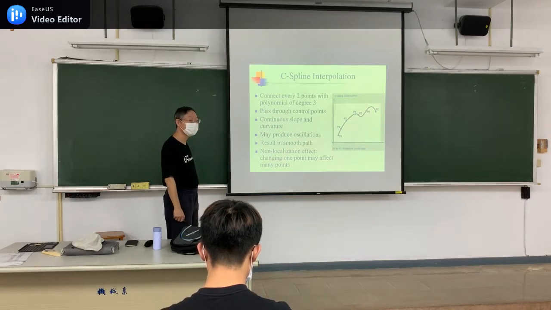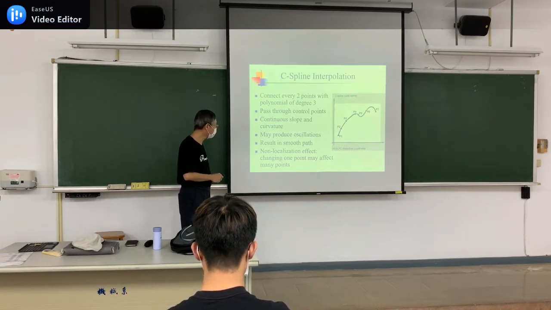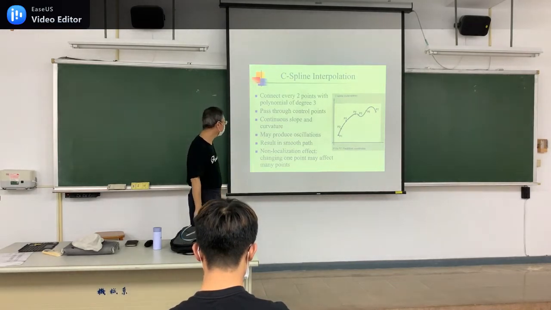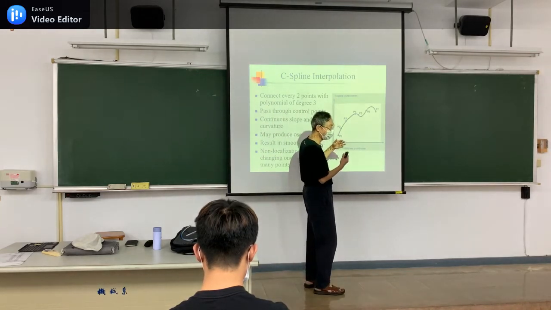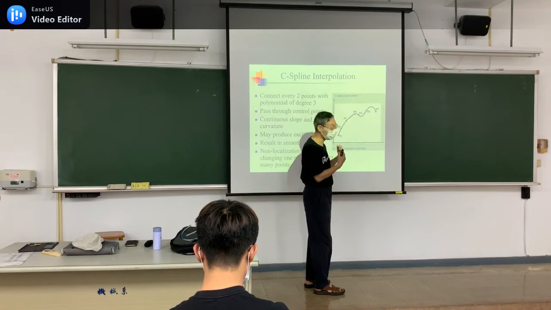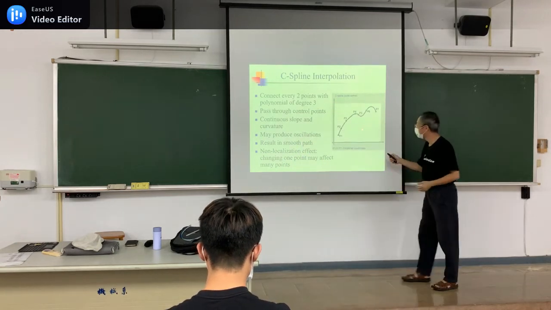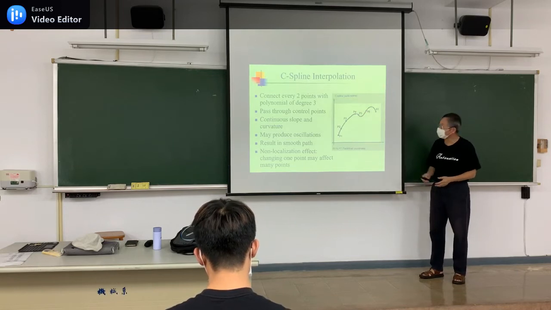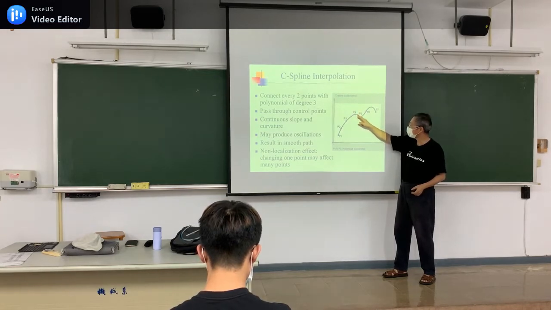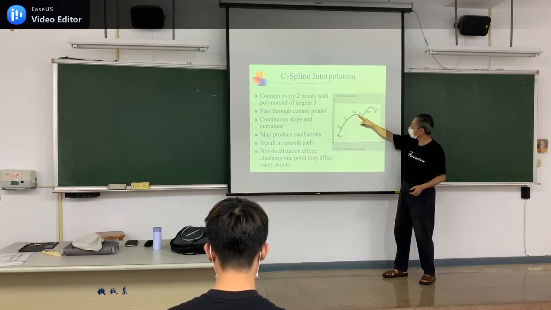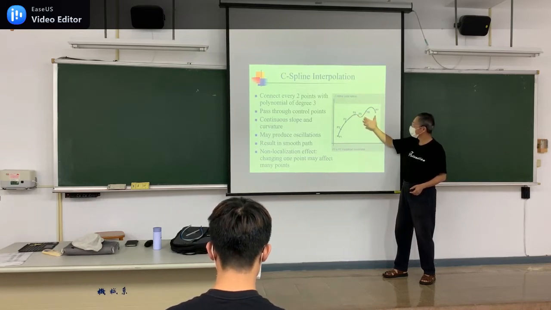Okay. The downside is that we may produce oscillation. Meaning that because we want to have a continuous slope and curvature, you may have a situation again. Because the curvature here is a little rough, you will force it.